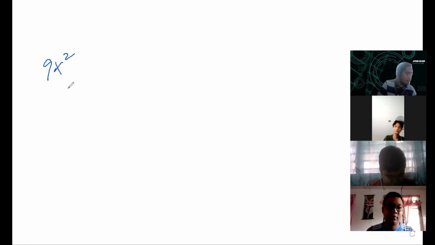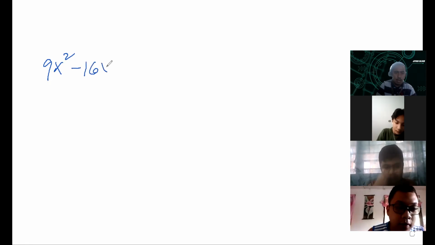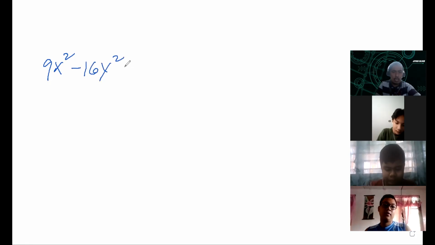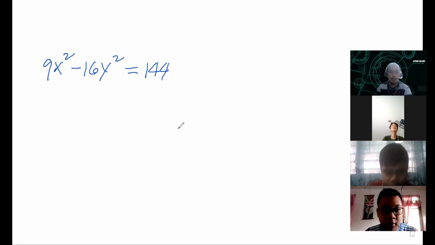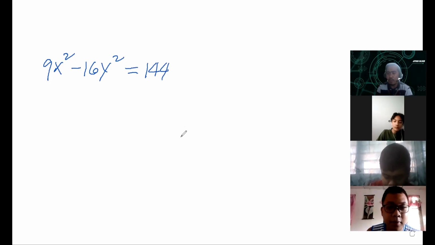Say for example, you are given 9x squared minus 16y squared equal to 144. Then you are asked to sketch the graph of that equation.